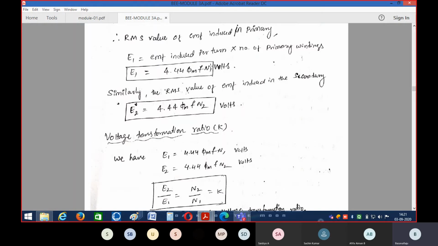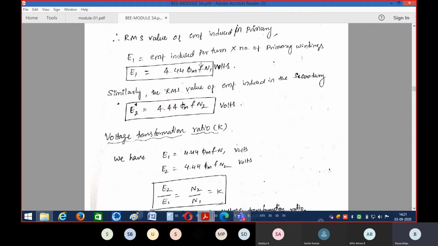The only difference between E1 and E2 in the equations is that in calculating the EMF of the primary winding, we multiply this factor with N1, and when calculating the EMF in the secondary winding, we use the term N2.